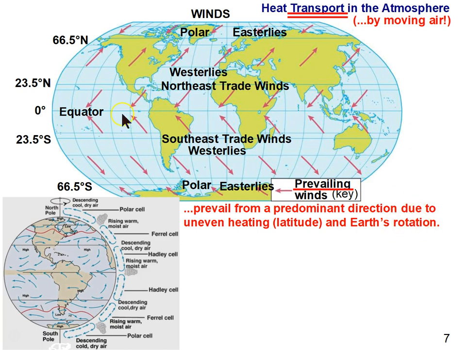So you can kind of think of the Earth rotating out from under the air, therefore the air feels like it's moving in the opposite direction of rotation.